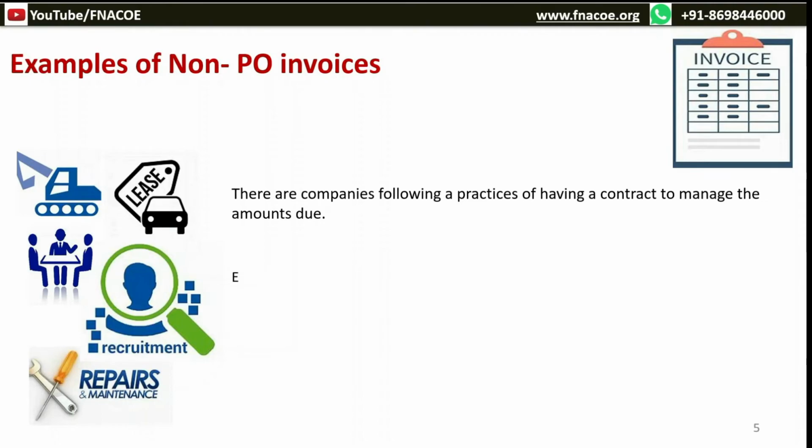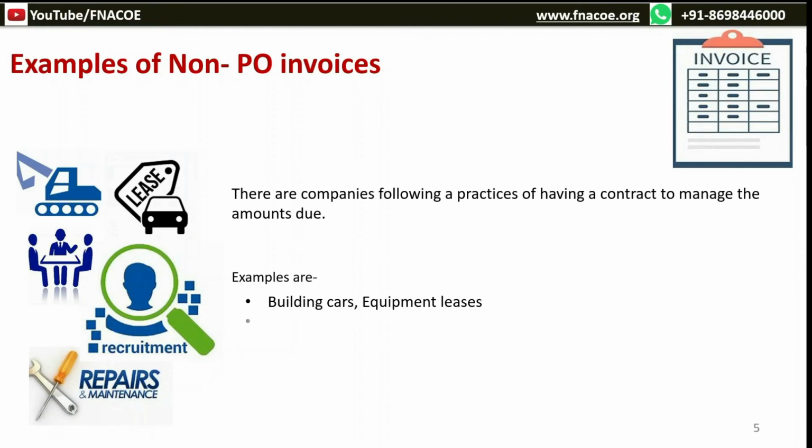Therefore, the company needs to remember to make the payment as per the terms. This is no different from an individual paying rent. For example, a building is leased for a period of five to six years, and there is an agreement that a rent of a few thousand rupees or a few thousand dollars needs to be paid every month. Since the contract is signed for a long duration, a rental payment has to be made every month, irrespective of whether the invoice for the rent is received or not, right?